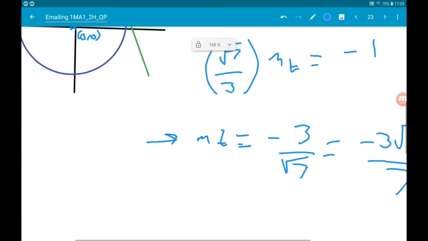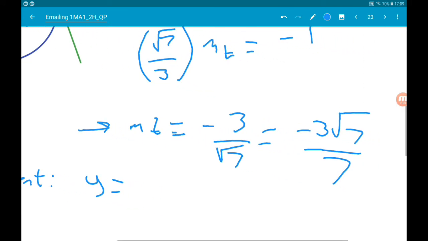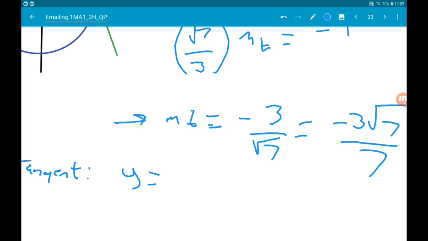So the tangent is of the form y is equal to -3 root 7 over 7 x add c.